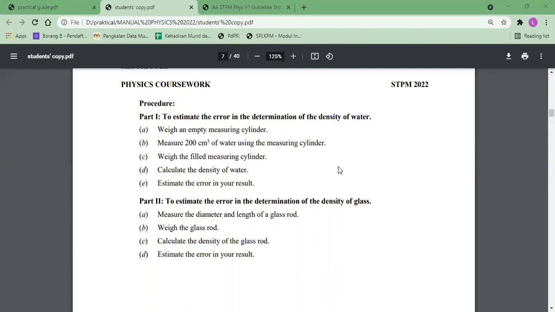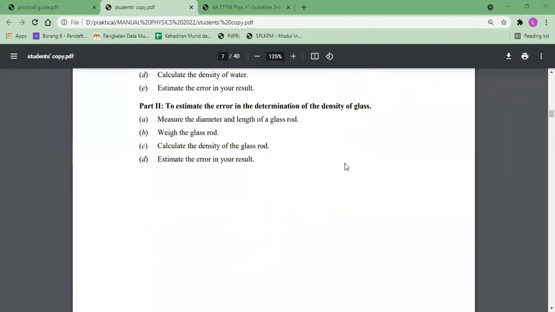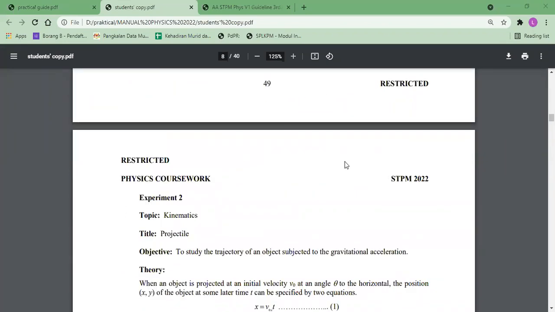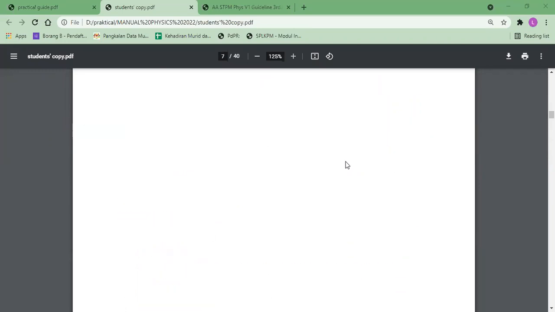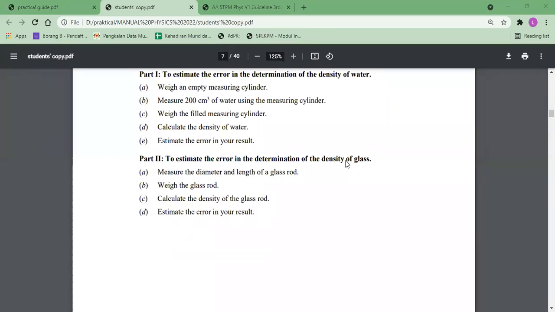For this I will minus from part A. Observation. Next, after that, apa yang awak perlu buat, awak salin sampai sini untuk eksperimen 1, ini yang awak boleh buat di rumah dahulu.